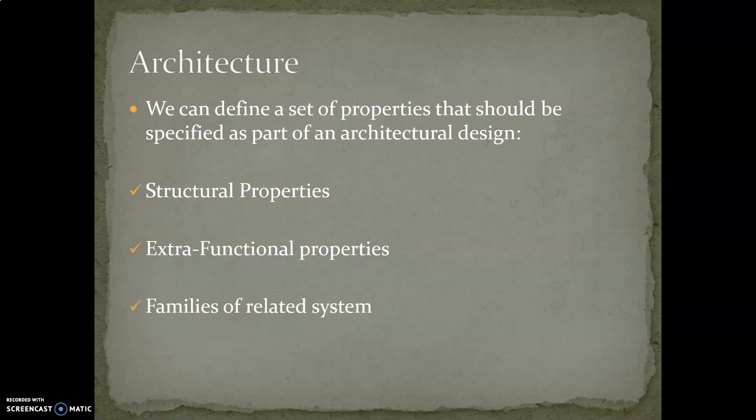Here the architecture should draw upon repeatable patterns that are commonly encountered in the design of families of similar systems. In short, whatever designs we implement should be reusable. That is known as families of related systems.